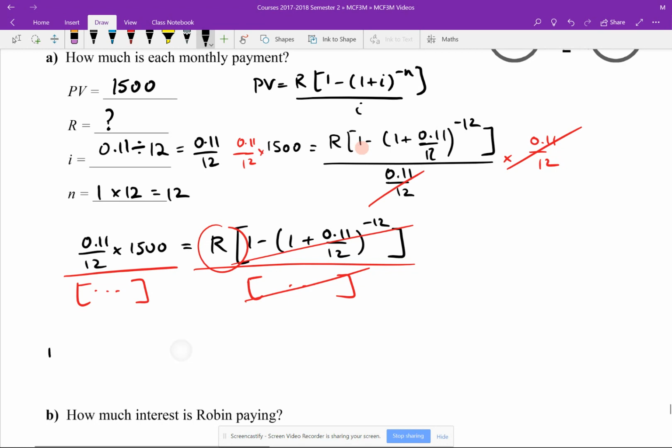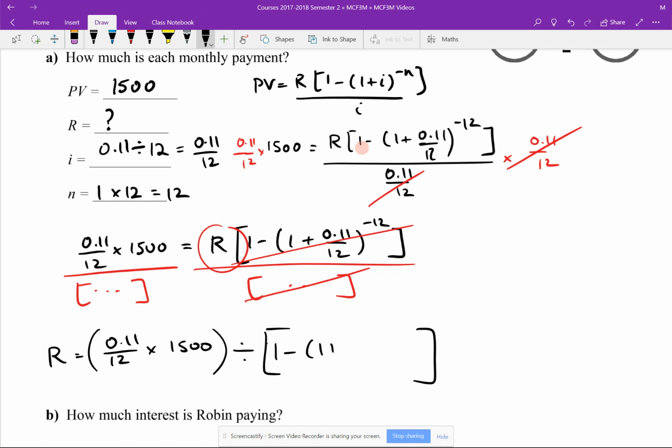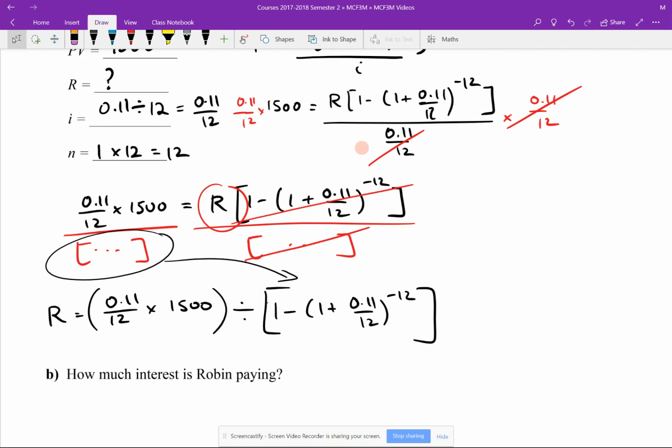So R is equal to 0.11 over 12 times 1,500, divided by everything in the square bracket. So that's 1 minus 1 plus 0.11 over 12 to the power of negative 12. Basically whatever is here goes here. Doing this in the calculator, be very vigilant, be careful, use your brackets, BEDMAS rules.